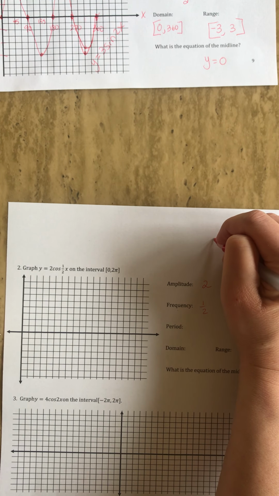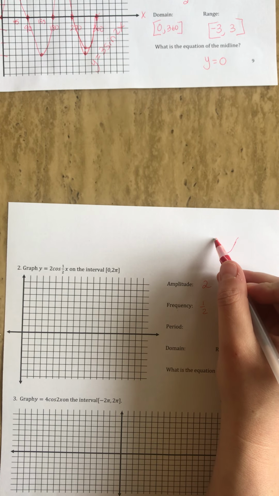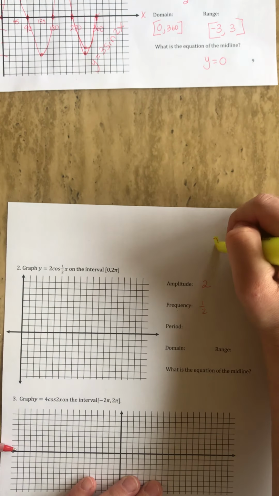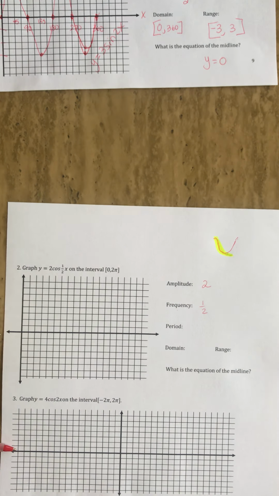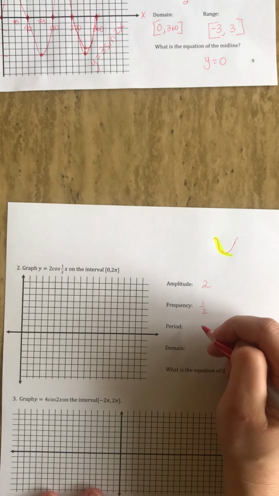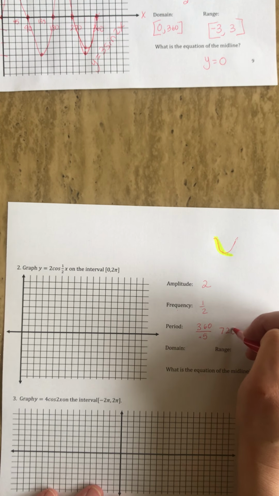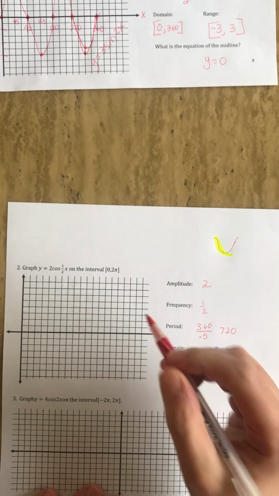If you're visualizing this, the cosine starts at the amplitude and ends at the amplitude, but I'm only going to focus on half of this. It's going to look something like this right here that I highlighted. Your period is 360 divided by 0.5, or a half, which gives us 720. In order to see a full cycle, you would have to go to 720 degrees.